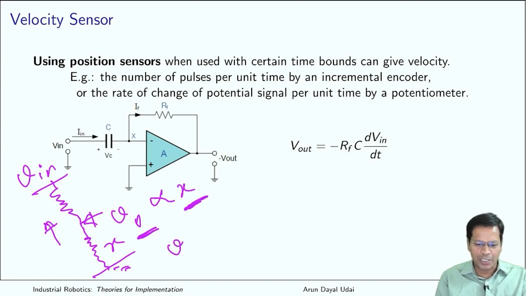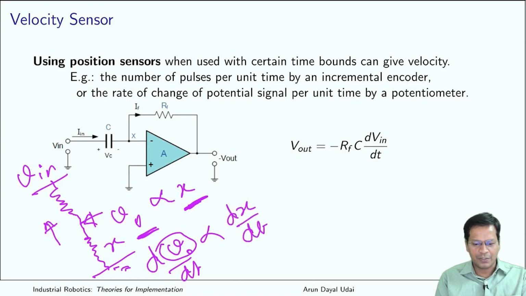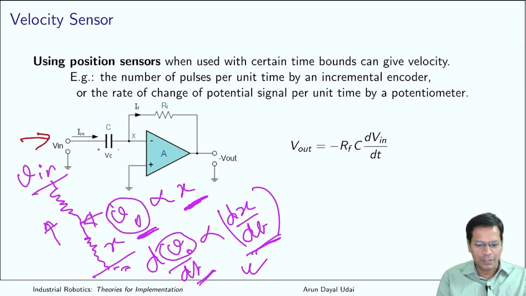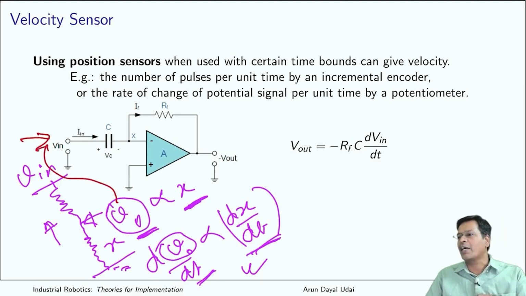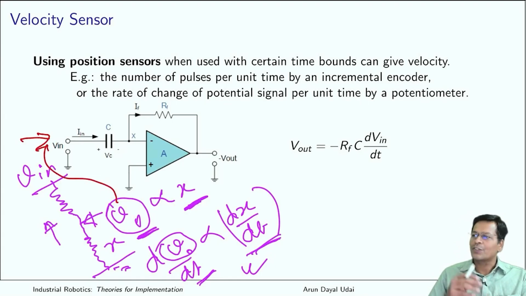If somehow you can measure the output voltage changes, this changing output voltage is also proportional to the velocity. So if I feed this output as an input to an operational amplifier here, what this amplifier is doing is nothing but a differentiator circuit.